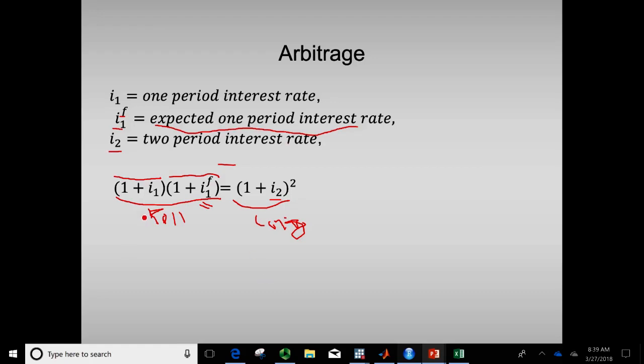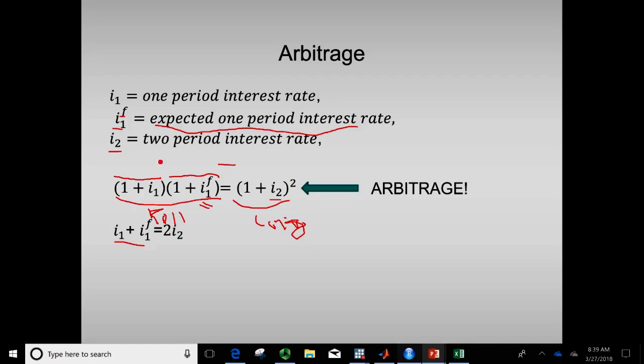So I'm going to use this equation to motivate an interpretation of the yield curve. A little bit of algebra, not much. That's my arbitrage equation. And so I'm going to start by rewriting this equation. There's a rule from math which basically says that if I₁ and I₁ superscript F are very small, then (1 plus I₁) times (1 plus I₁ superscript F) is approximately equal to 1 plus I₁ plus I₁ superscript F. And likewise, (1 plus I₂) squared would be approximately equal to 1 plus 2 times I₂.